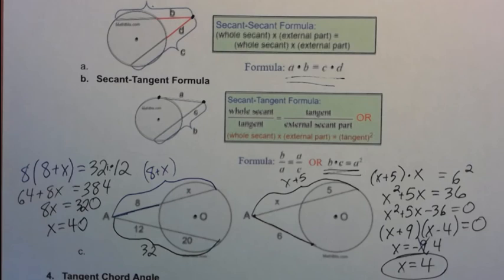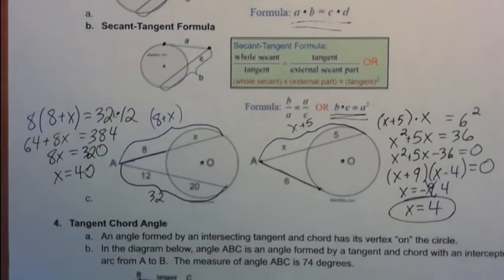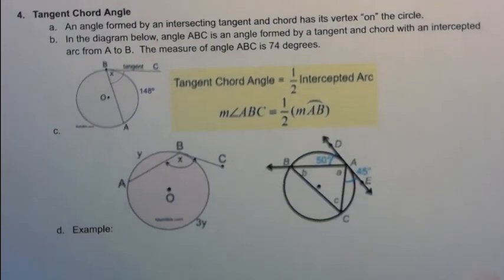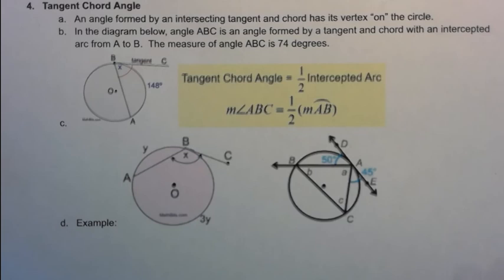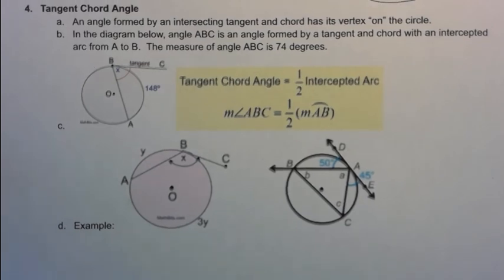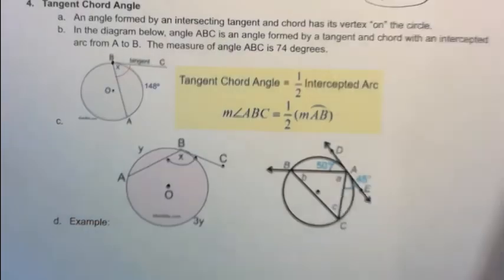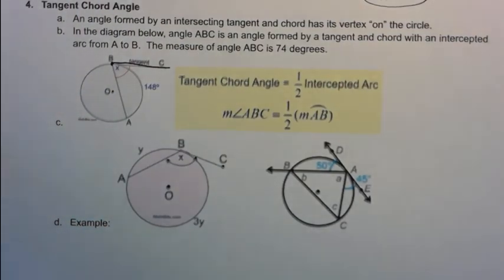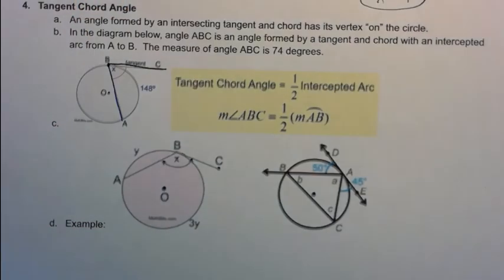That leads us to our last part and our final theorem that we're going to be learning about in this circles chapter in general. Our last theorem is what is known as the tangent chord angle theorem. So basically, you can see in the picture here, we have this point of tangency at B, and we have a tangent line coming away from it. But then we have a segment starting from there, going towards the inside of the circle.